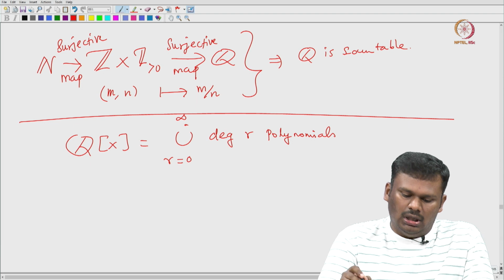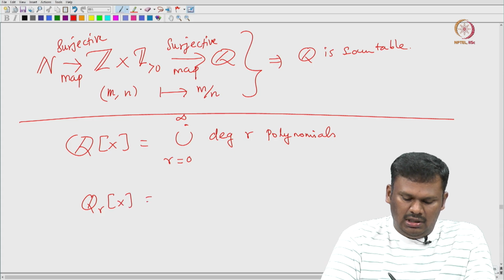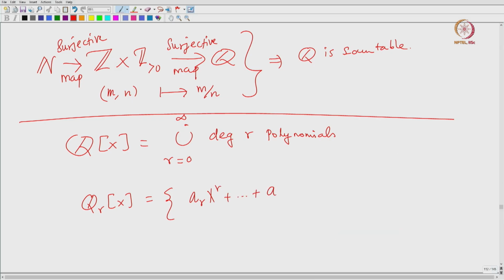Okay. So, now what will be the degree r polynomial? The degree r polynomial in Q_r[x] is given by a_r x^r plus etcetera plus a_1 x plus a_0, where a_r is supposed to be non-zero.